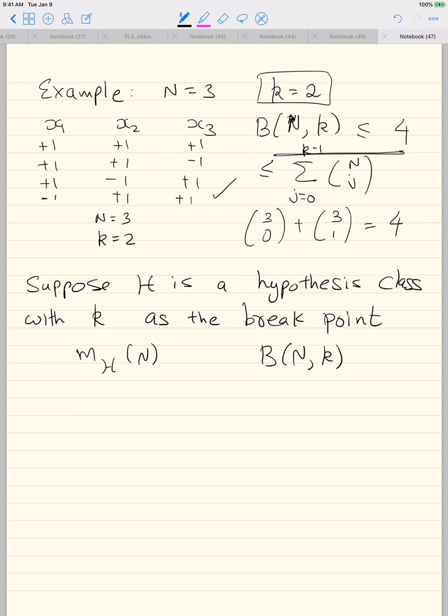So how is m_H(n) related to B(n,k)? B(n,k) is the maximum number of dichotomy vectors of length n you can ever hope to get under the constraint that no k points are shattered. And m_H(n) is the maximum number of dichotomy vectors that can be generated by the hypothesis class H when k is a breakpoint.